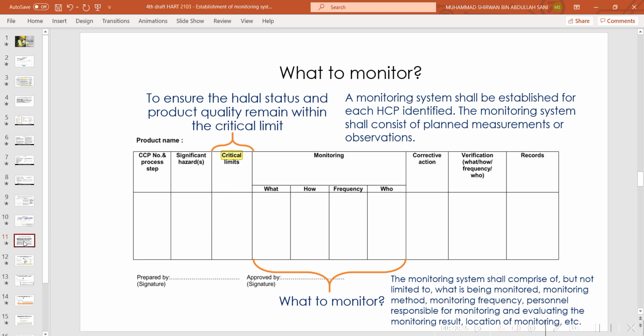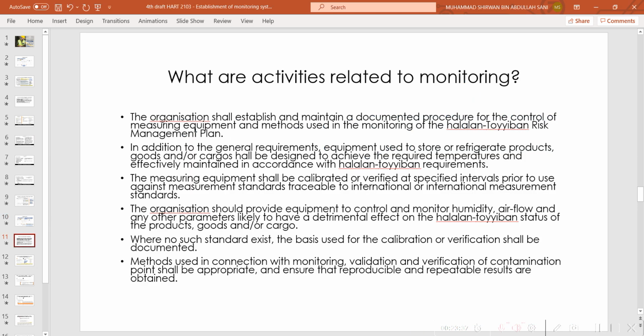Okay. Let's see the next slide. So what are activities related to monitoring? The organization or any premise shall establish and maintain a documented procedure for the control of measuring equipment and methods used in the monitoring of the Halal Thayyiban risk management plan.